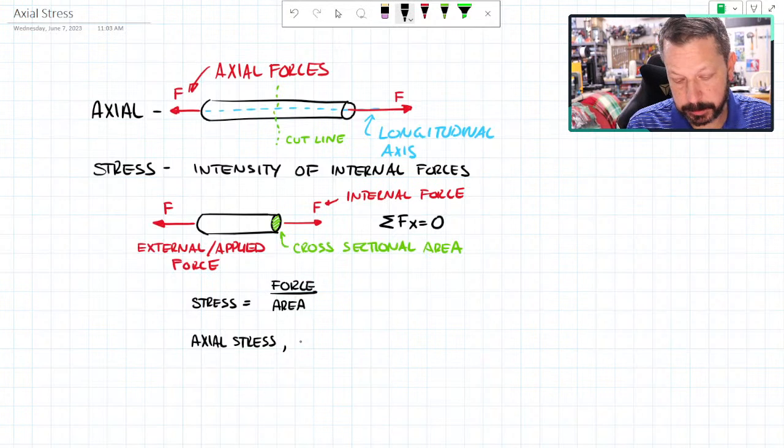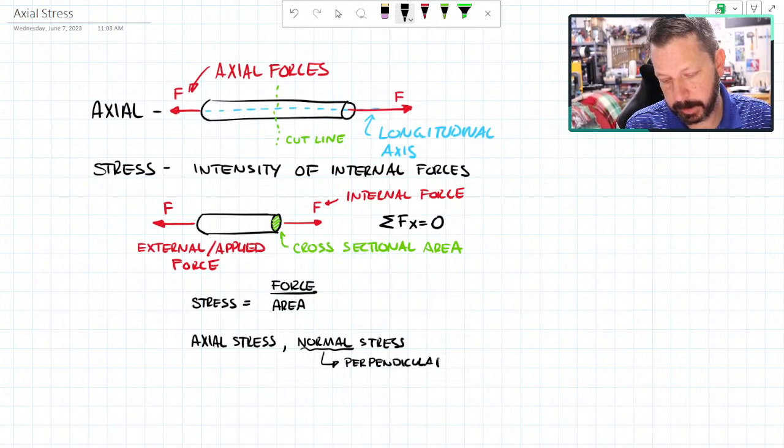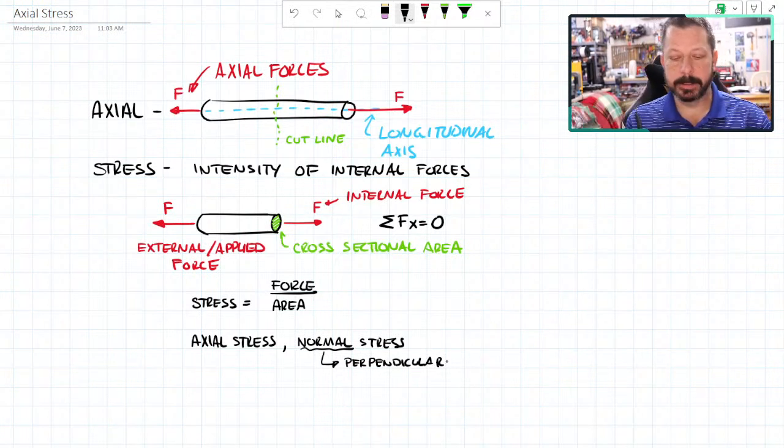Sometimes it'll be referred to as normal stress. This normal is not like average. This normal is perpendicular. And what it means is the force is perpendicular to that area.